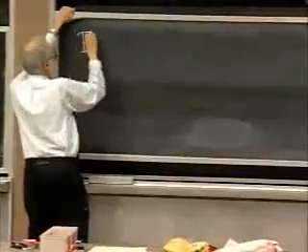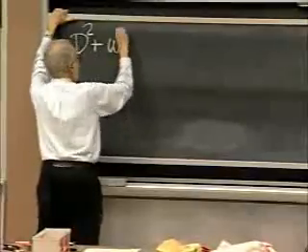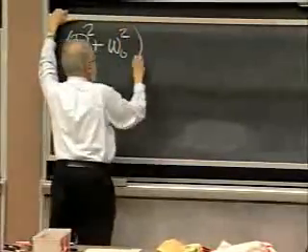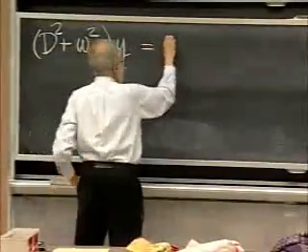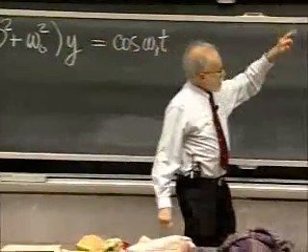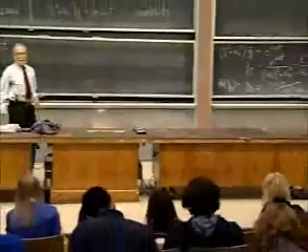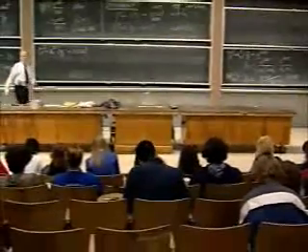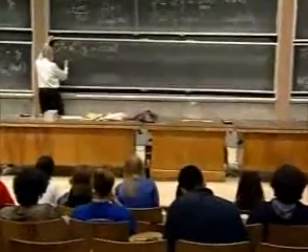I'm going back to the equation, D squared plus omega 0 squared applied to y is equal to cosine omega 1t. Now, the particular solution we found was that one, cosine omega 1t divided by omega naught squared minus omega 1 squared. But what do the other particular solutions look like?